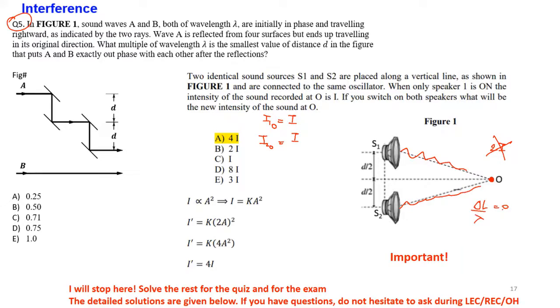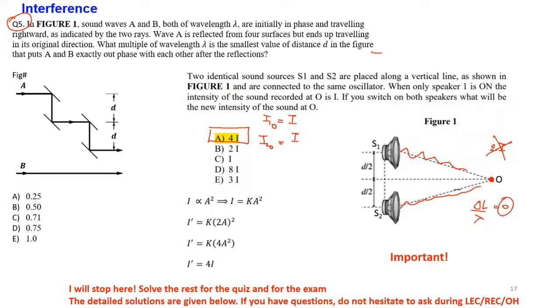This is basically constructive interference. So the new intensity will be 4 times I, not 2 times. Do you know why? Because they will constructively interfere, so you will have 4 times I. Do you want me to demonstrate it or is it clear?